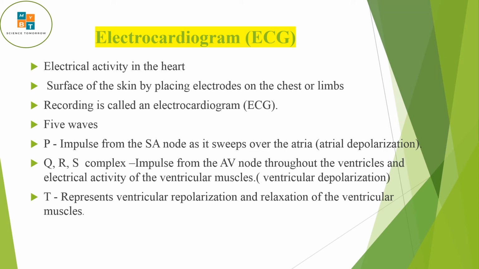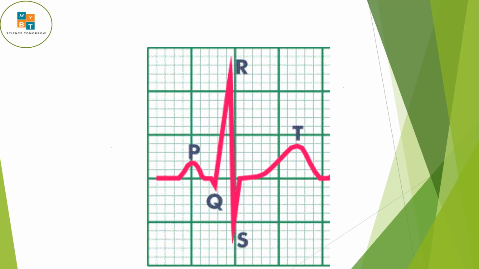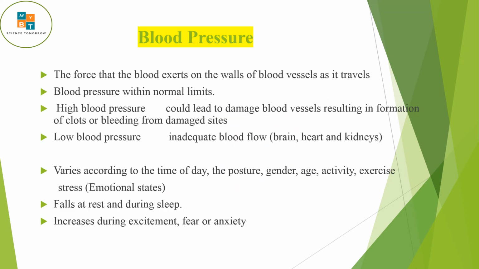So we have P, QRS complex and T. So this is the figure: P wave, QRS complex and T wave. So basically you can understand it as atrial depolarization, ventricular depolarization and ventricular repolarization. That is the T wave.